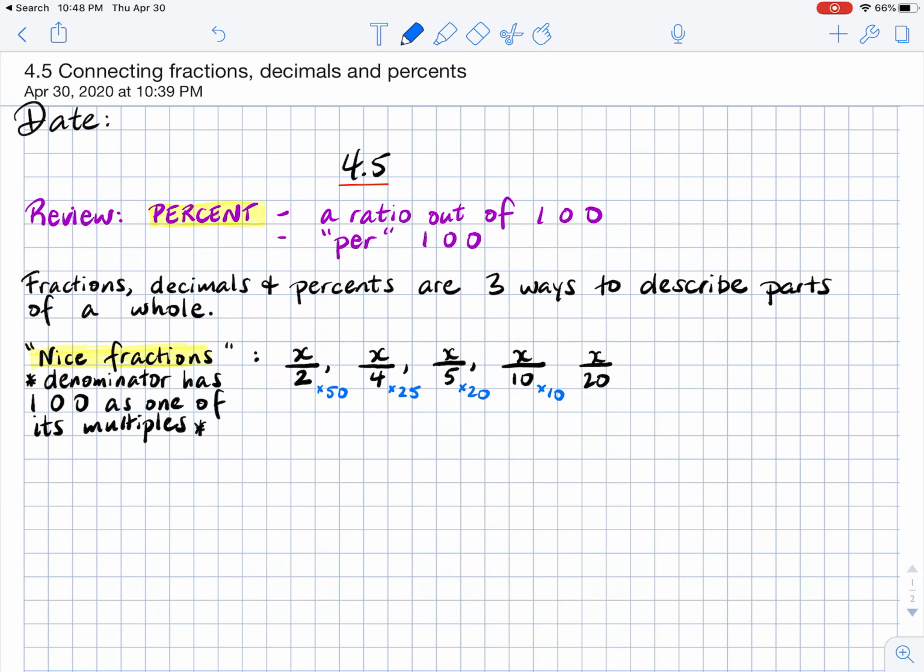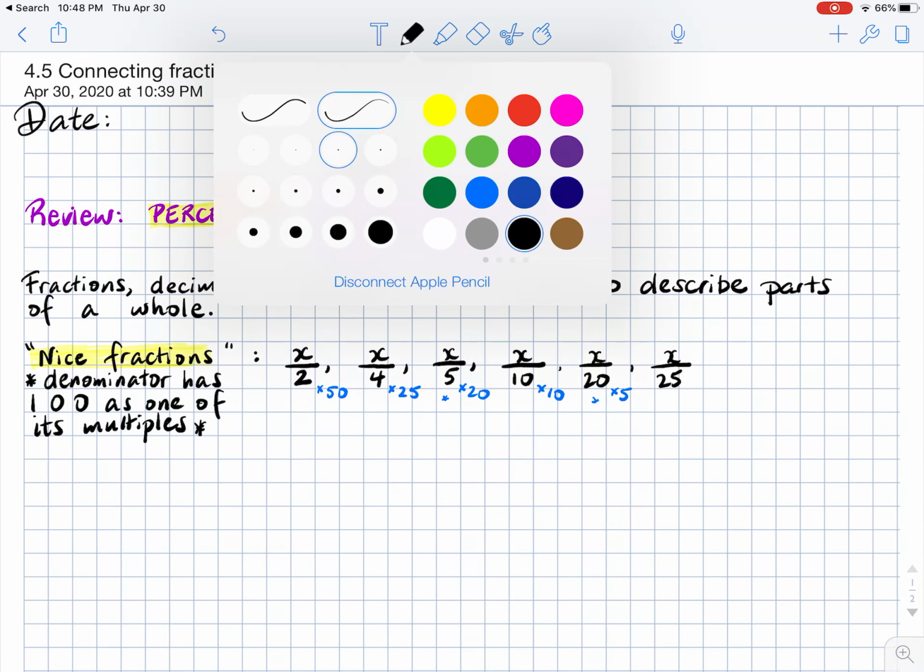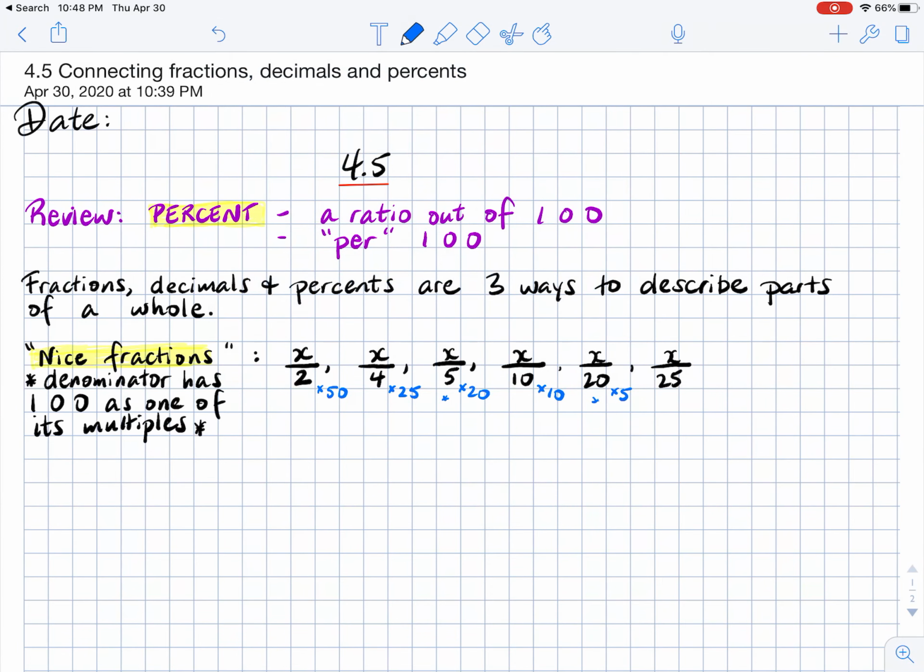Notice how it's reducing now from 2. I know that 20 times 5 will give me 100 because it's the same as 5 times 20. The next one from x over 20, I believe the next one is x over 25. If you look at x over 4, how many times do you multiply 25 to get to 100?